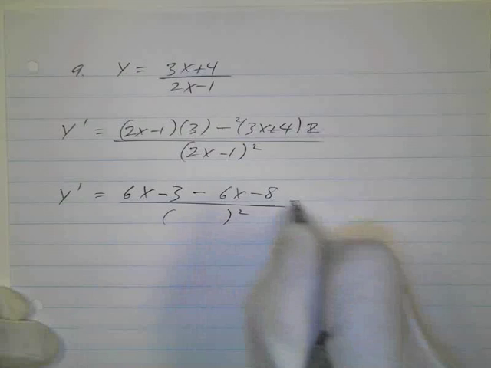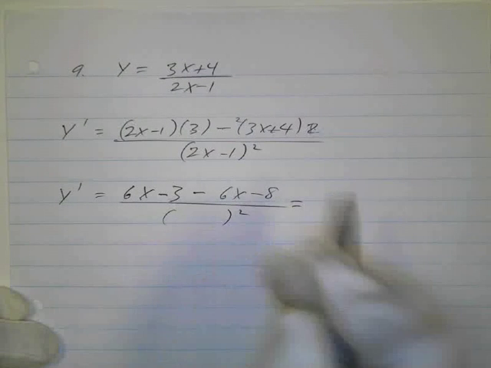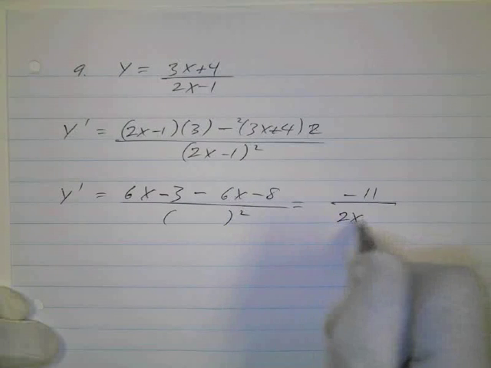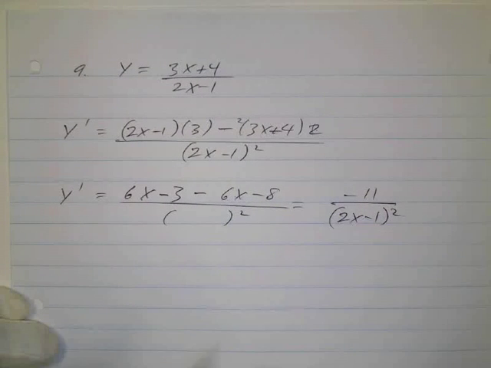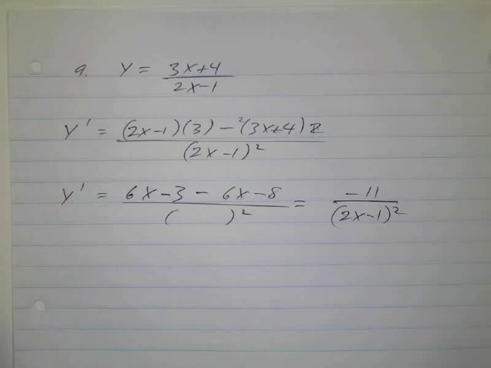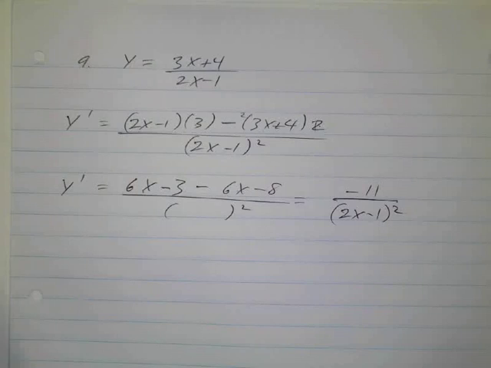Then 6x minus 6x cancels, and negative 3 and negative 8 is negative 11. So I got negative 11 all over 2x minus 1 squared. That's all you can do. You don't have to simplify it further.